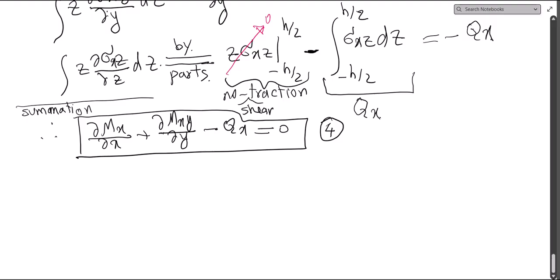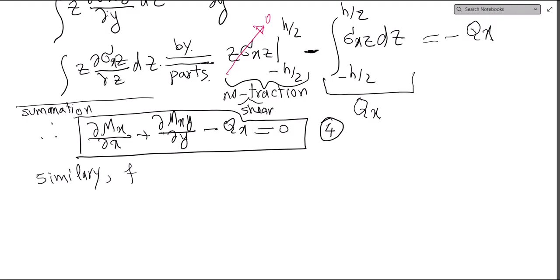Now, similarly, a similar operation from equation 2, we get dmy/dy plus dmxy/dx minus qy equal to 0.